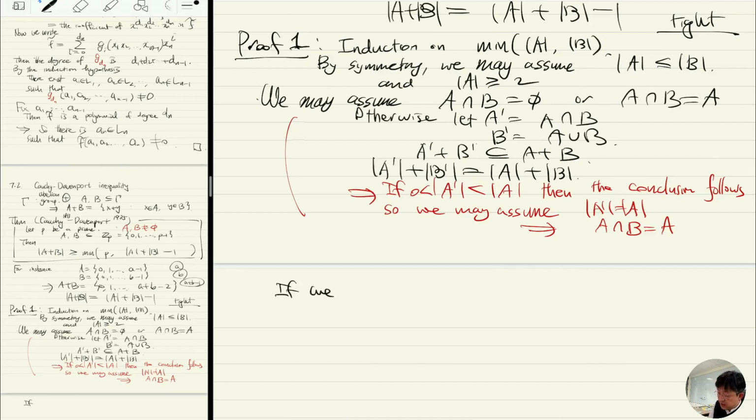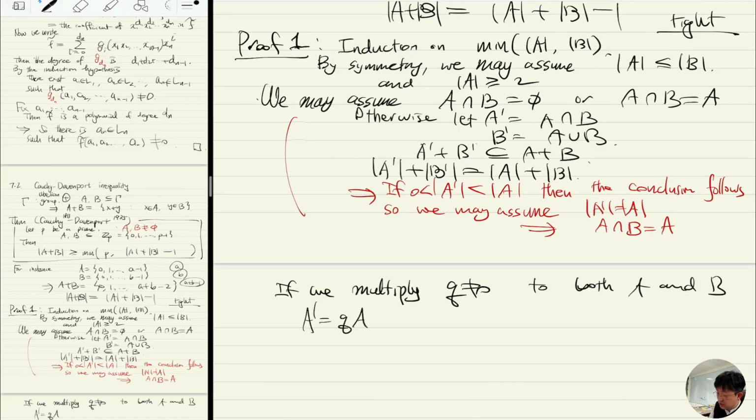If we multiply a non-zero element to both A and B, so like A' is QA and B' is QB, then A' plus B' is the same.